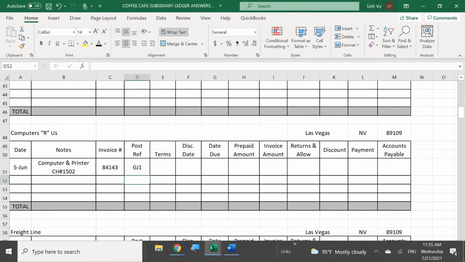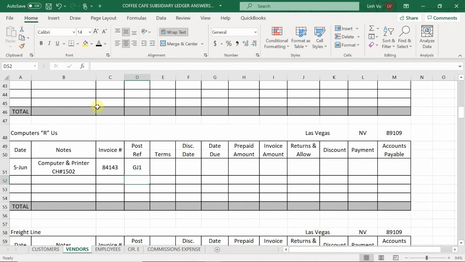Since we bought it in store, we don't get any discounts or any terms here, okay? We didn't go in there and make an advance payment, but the invoice amount was $2,213.71, which we paid using a check, number 1502.